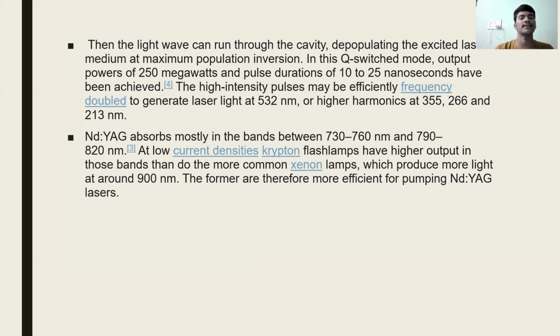At low current densities, krypton flash lamps have higher output in those bands than the more common xenon lamps, which produce more light at around 900 nanometers. The former are therefore more efficient for pumping Nd:YAG lasers.